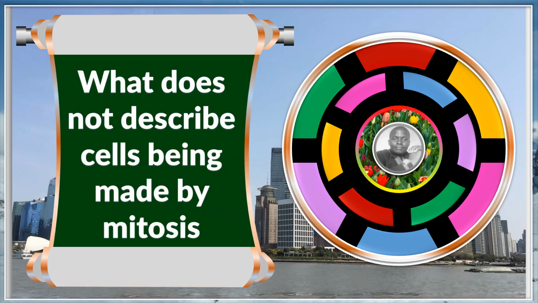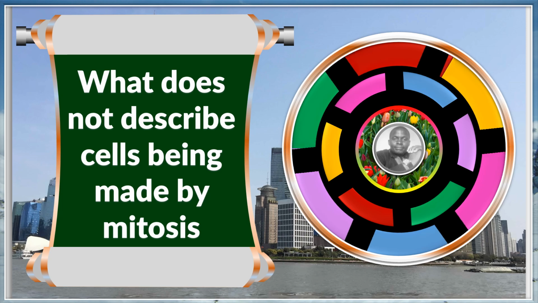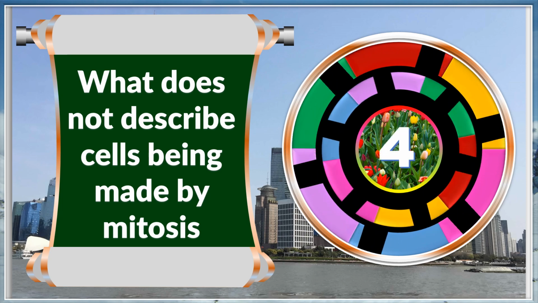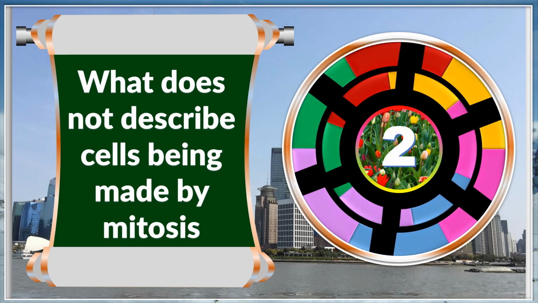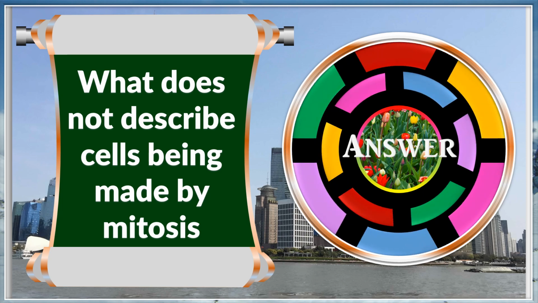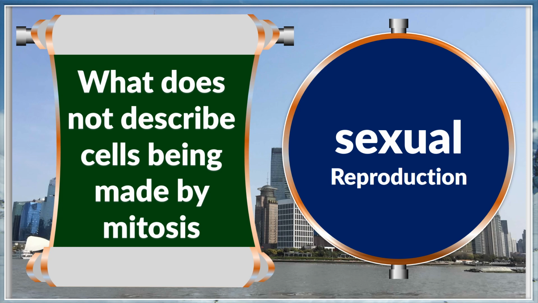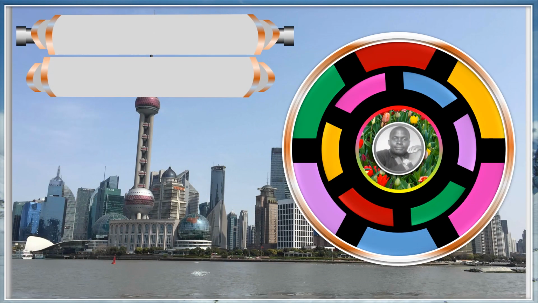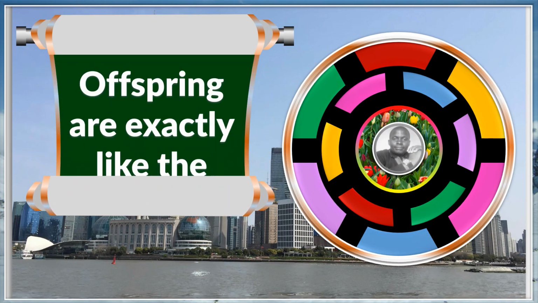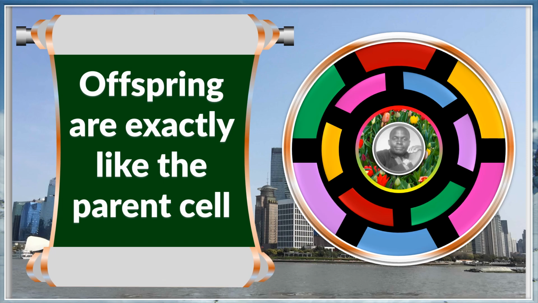What does not describe cells being made by mitosis? Sexual reproduction. Offsprings are exactly like the parent cell.